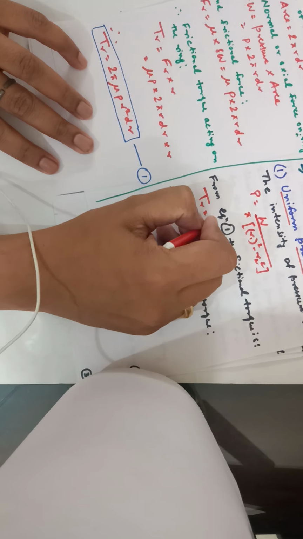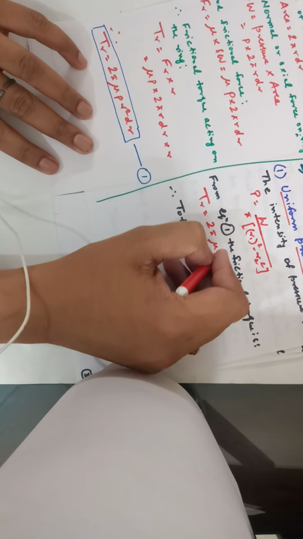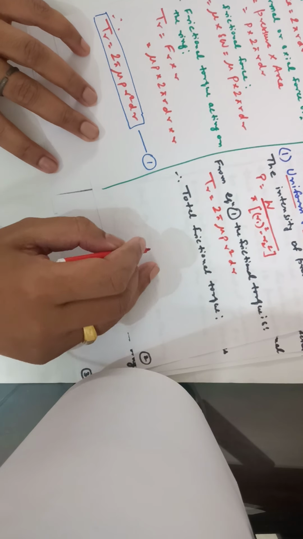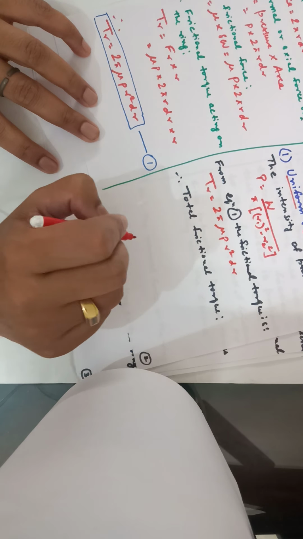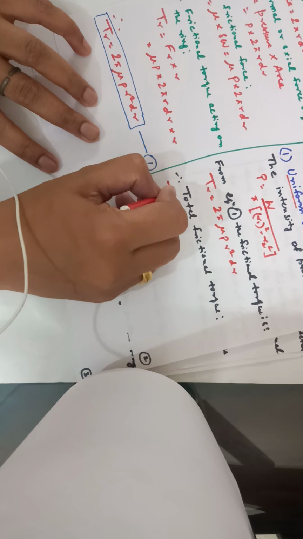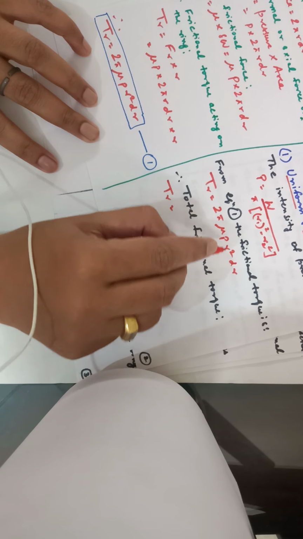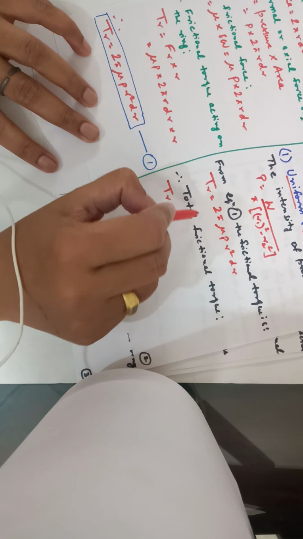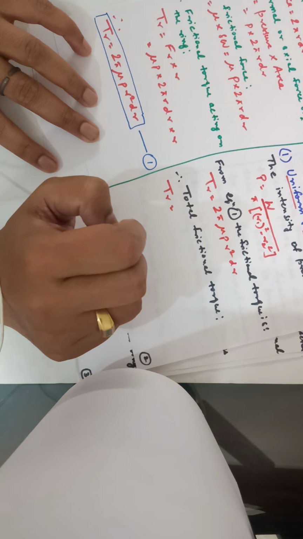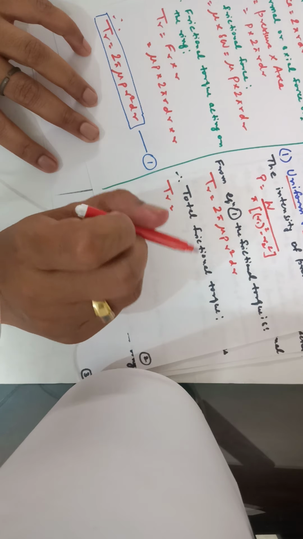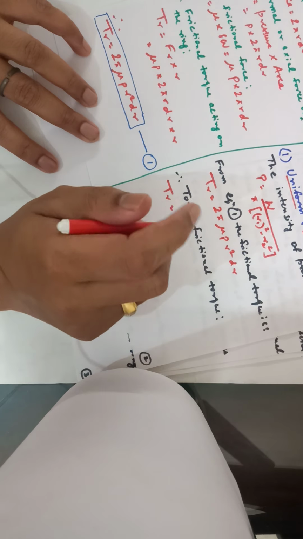Tr is equal to 2 pi mu p r square dr. Therefore the total frictional torque will be given as T. This is the torque of a small elemental ring. When we integrate this torque of a small elemental ring from the lower radius to the higher radius, we will get the total torque of a friction plate or friction surface.